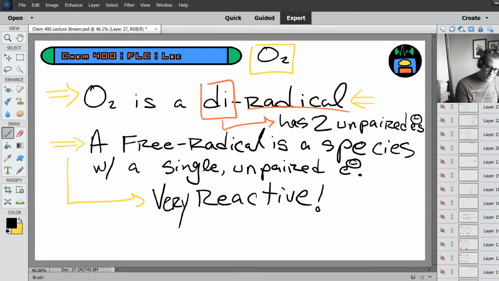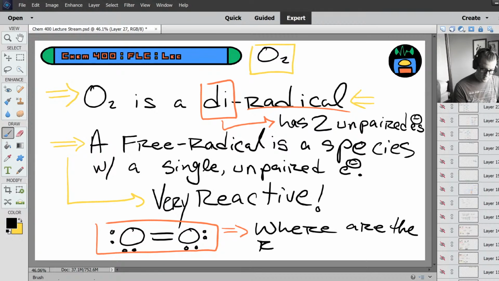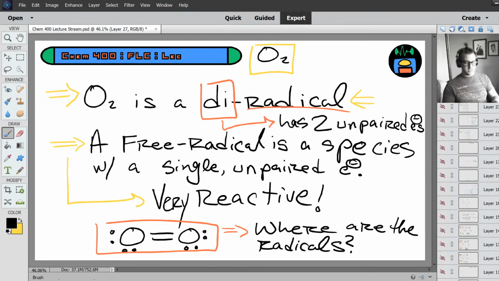But if you look at the Lewis structure for oxygen, it just looks like this. Where are the radicals? Where are the unpaired electrons? I see everything in a lone pair or a bond. There are no radicals in this Lewis structure. This is where molecular orbital theory steps in and shines.